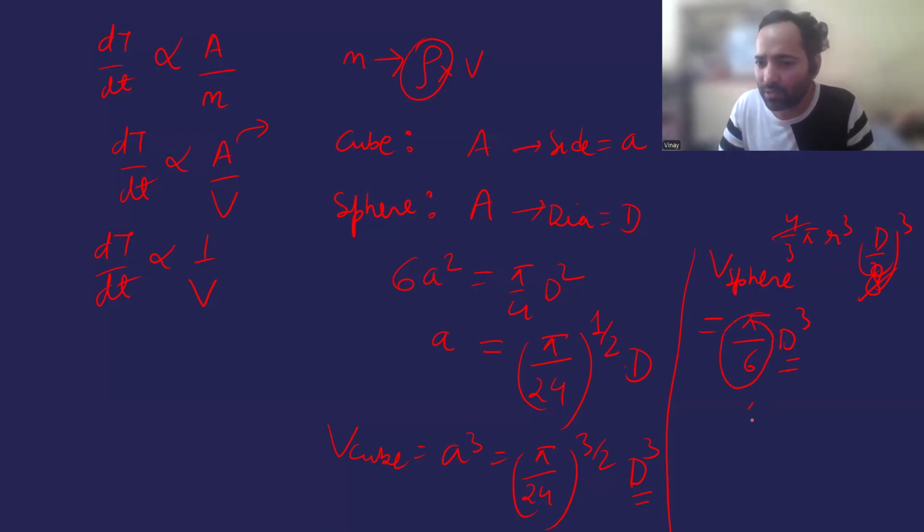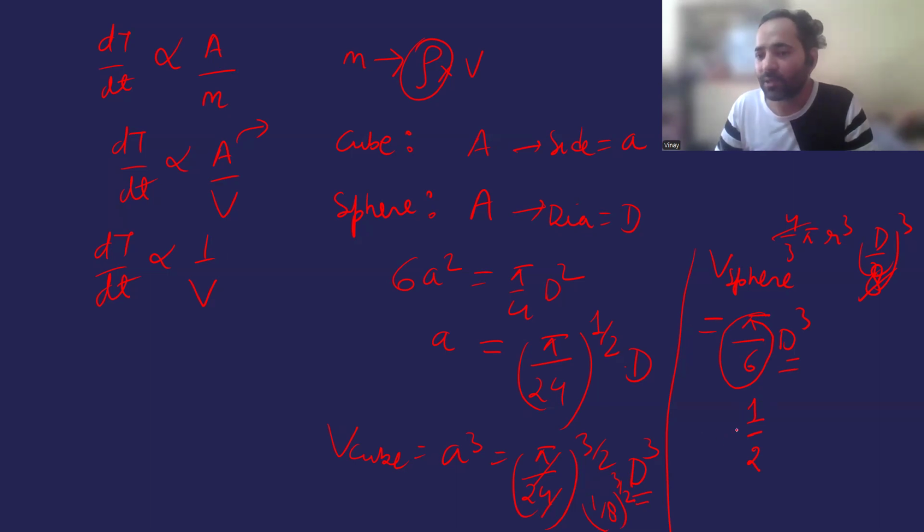Pi by 6 we can approximately call 1 by 2, right? Pi is 3.14, so 3 by 6. What is pi by 24? If we take pi as 3, then 3 by 24 is 1 by 8, to the power 3 by 2.